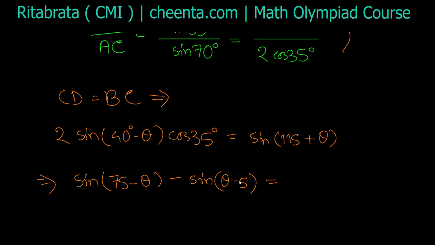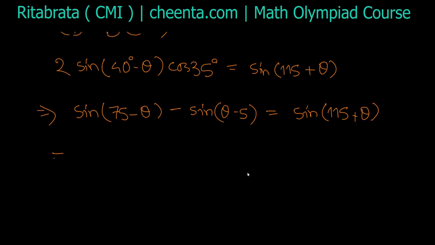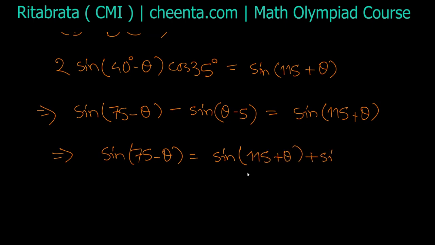And this equals sine of 115 plus theta. So from that we get sine of 75 minus theta equals sine of 115 plus theta plus sine of theta minus 5.